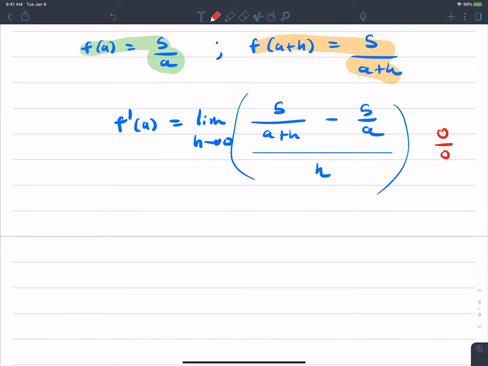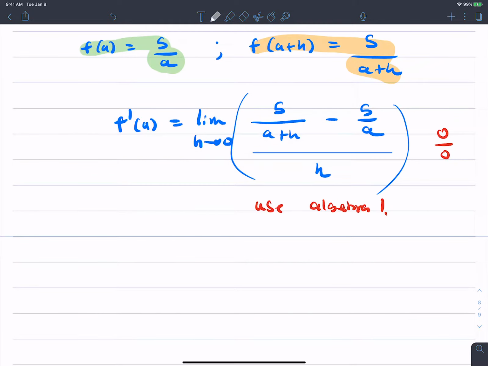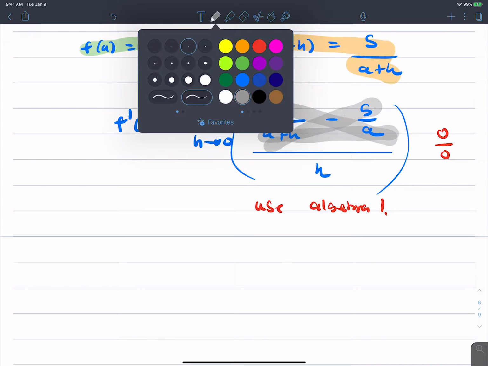So we say we can't have that. We're going to have to use algebra. And the algebra we use, remember, we're going to subtract these rationals. So we're going to use that cross multiplication that we talked about. Because we're really subtracting rationals.